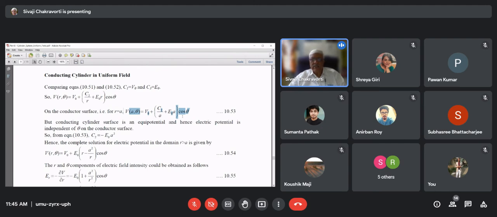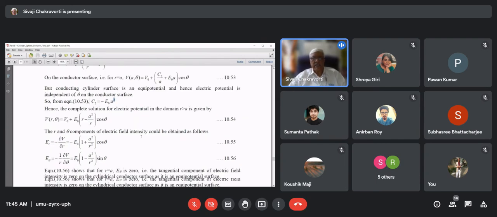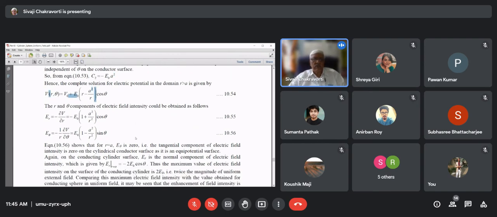So we can take their derivatives: Er is minus del V by del r, E theta is minus 1 by r del V by del theta. In the same way, we can check that the tangential component on the surface of the cylinder, when we put r is equal to a in 10.56, is 0.